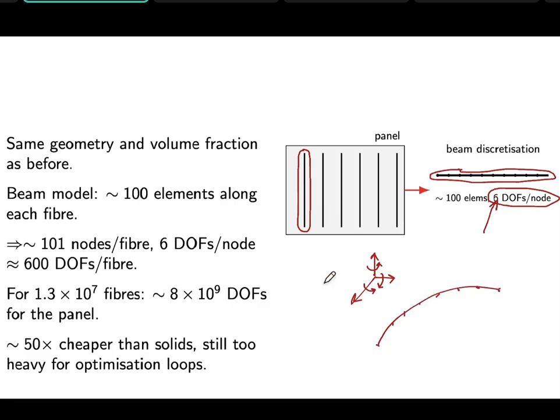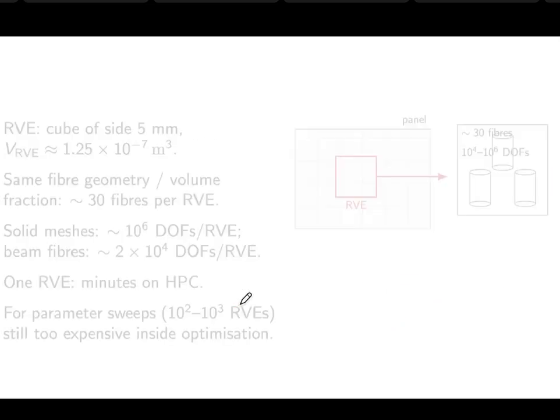All right, so that's good. This is 50 times cheaper, but it's still very expensive, around 10 to the power 9. This is in the order of weeks to months of calculations. So we don't want that.